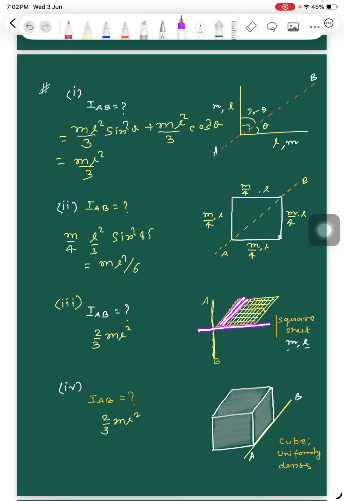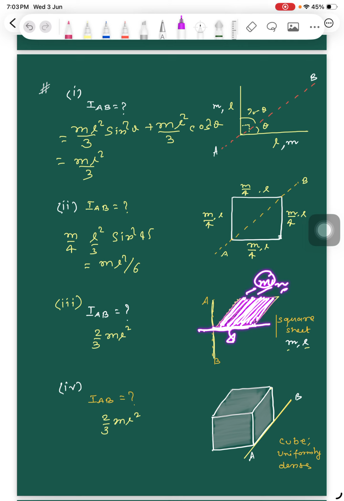And to find I about this side, you can think like this: the sheet is made of so many thin rods. Each rod has the same length L and masses m1, m2, and so on. So about this line, moment of inertia will be m1 L square by 3. This is the end of the rod. Then m2 L square by 3, m3 L square by 3, m4 L square by 3.